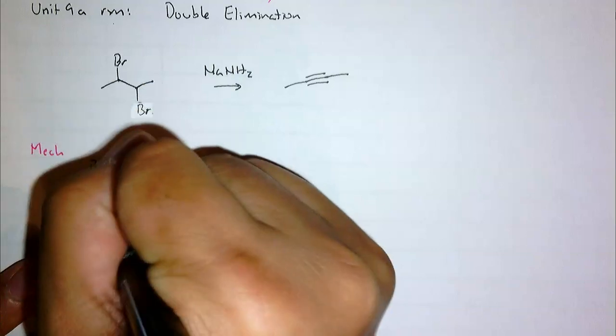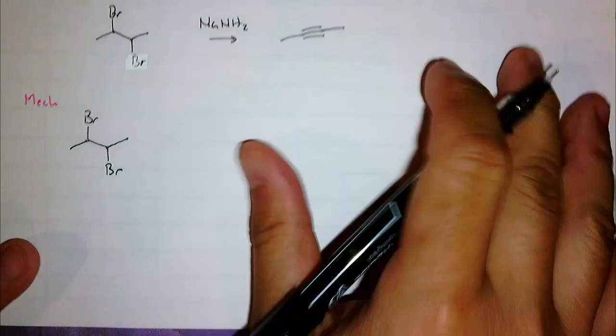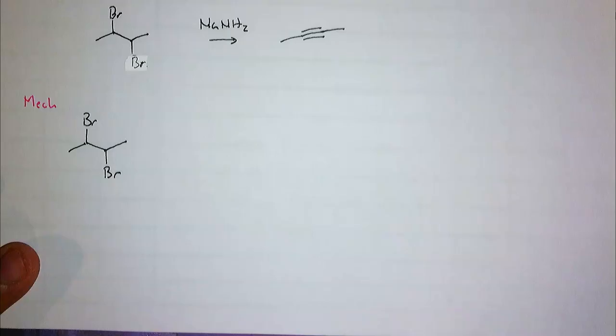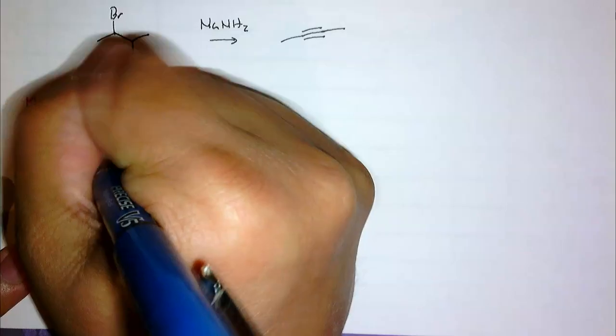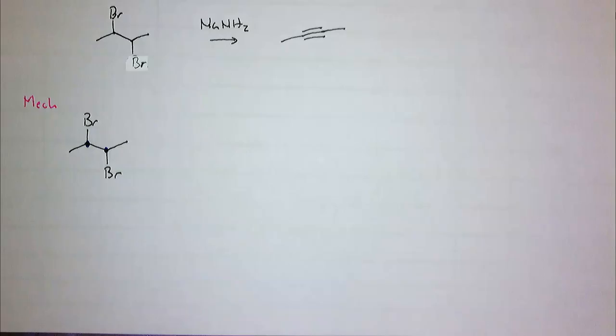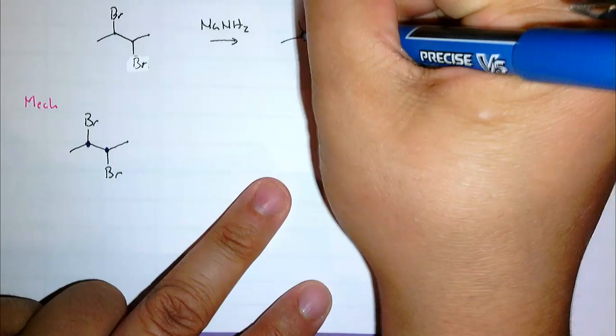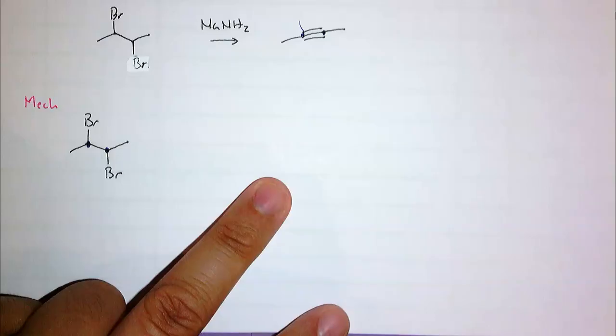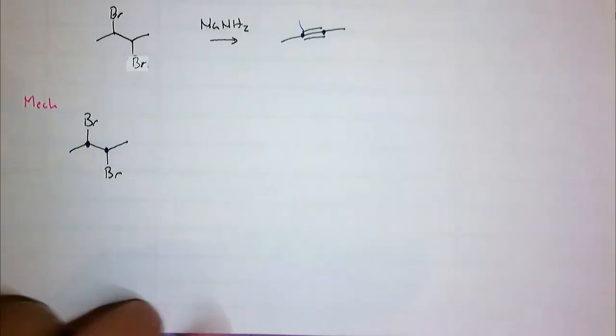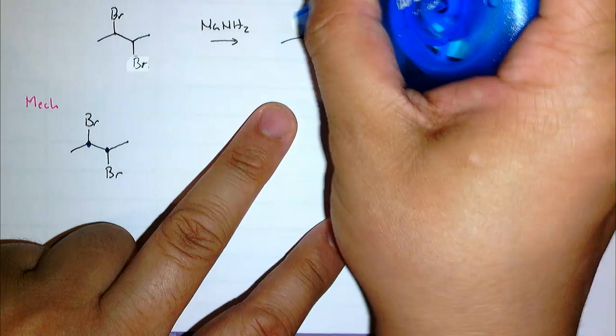When you have this dihalide, the bromines are on adjacent carbons. Put dots on the carbons that they are attached to. Okay. And I'm going to do that also with our product up here. Because before I go through the full mechanism, I want to put a little note here.